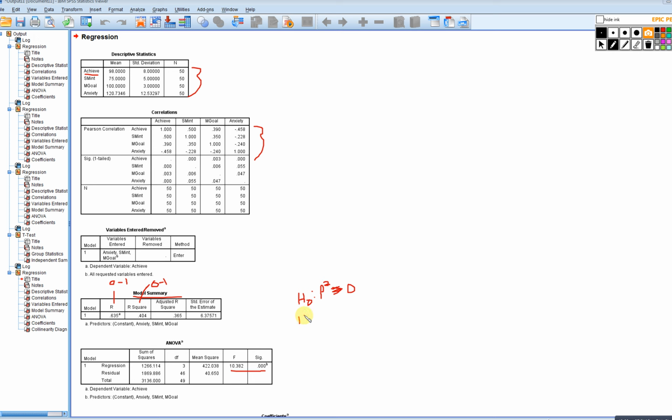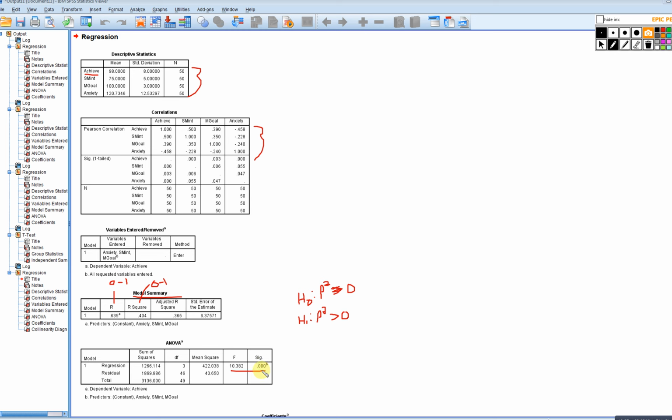The alternative hypothesis is that rho squared is greater than 0, meaning that the predictors explain greater than 0% of the variation in the population.